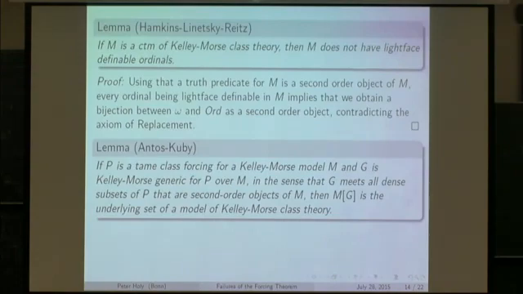And another lemma that we're going to use is that if P is a tame class forcing, tame just means preserving the axioms of ZFC, for a Kelley-Morse model M, and you have a generic filter for this forcing, which is Kelley-Morse generic, which means it doesn't only intersect all the dense subclasses of the forcing, but it intersects all the second-order objects of your Kelley-Morse model which are dense in the forcing, then the generic extension is again the underlying set of a model of Kelley-Morse class theory.